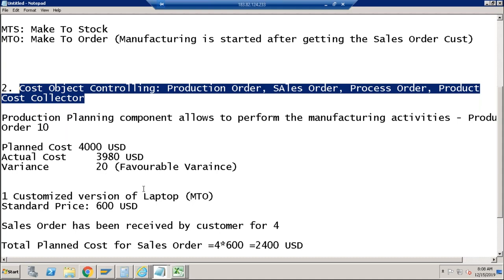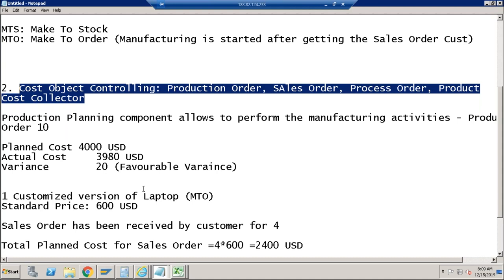But if this is a product you manufacture on a day-to-day basis, you provide the complete information to the system about how exactly this product is manufactured. I'll come to that point. As of now, don't worry about how the product cost is planned. Just understand that product cost planning is all about determining the standard cost of the product. How to determine it is the next thing I'll come to.